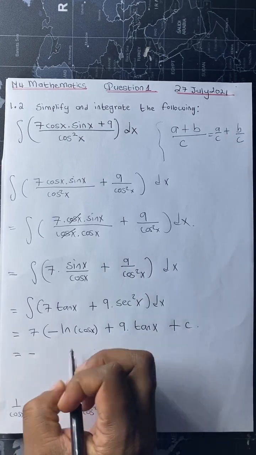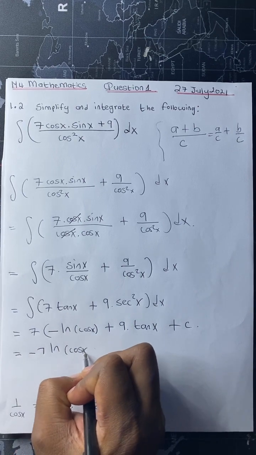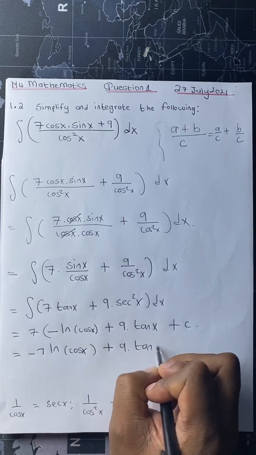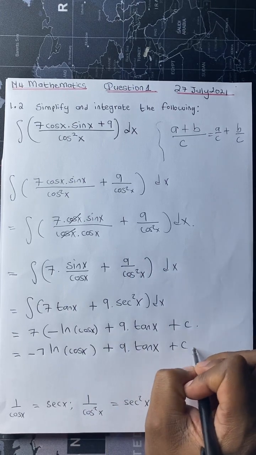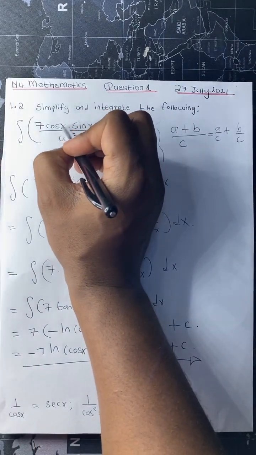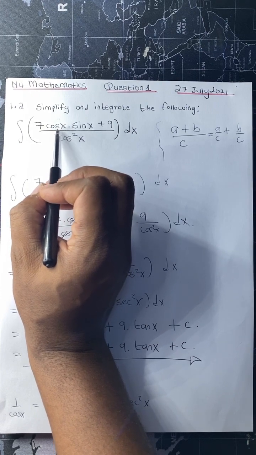So this will be equal to negative 7 ln of cos x plus 9 times tan x plus c. In the memorandum, they have cos squared x instead of cos x, like the way that they have on the question paper.